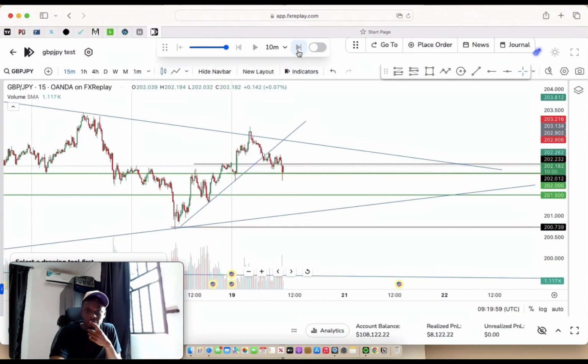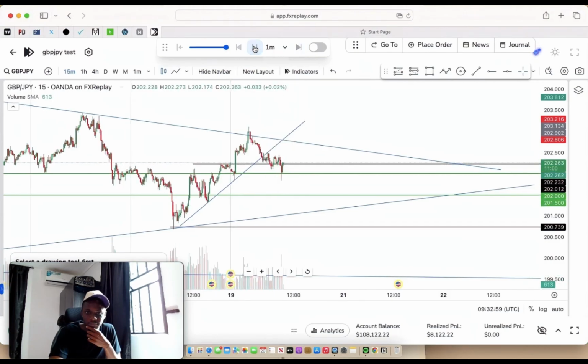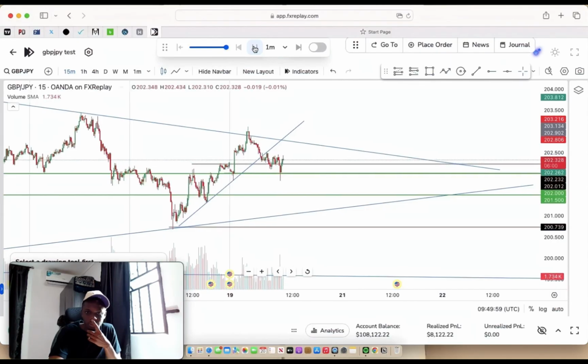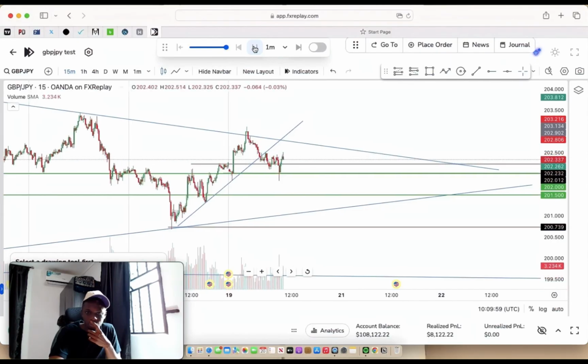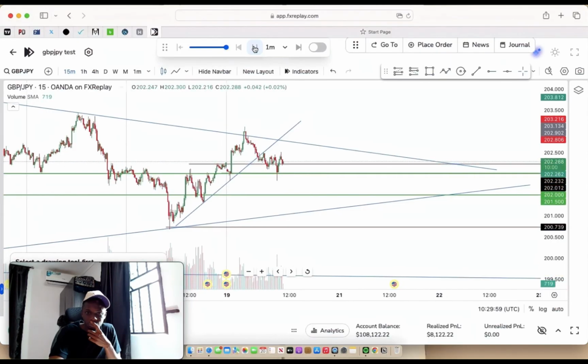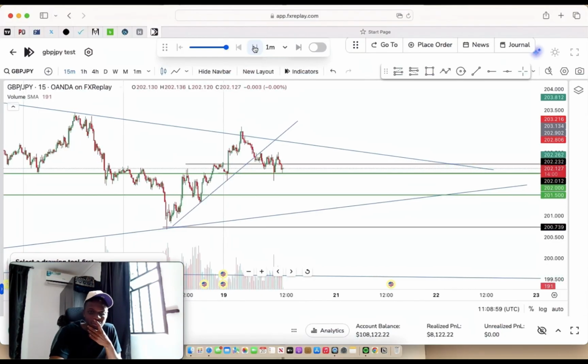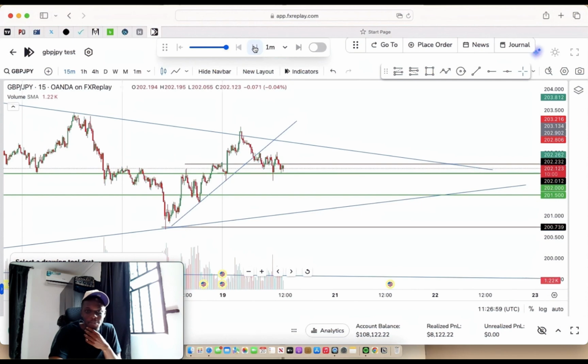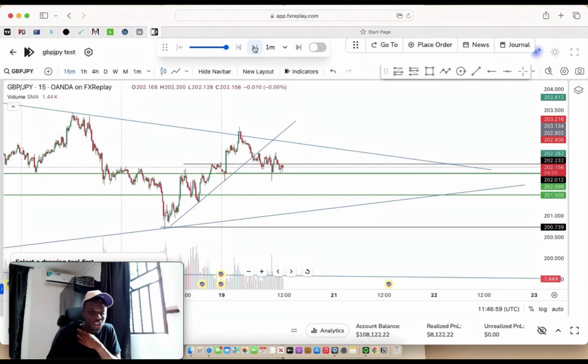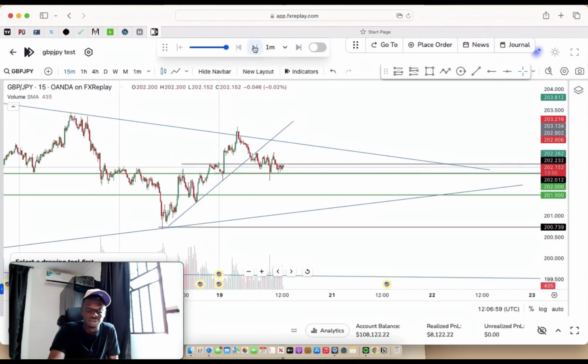Wait, am I pressing it too fast? Everything's fast here. You see, so clean, it should play out. You need a lot of waiting: M pattern, multiple weak rejections, all those things they are trying to form.